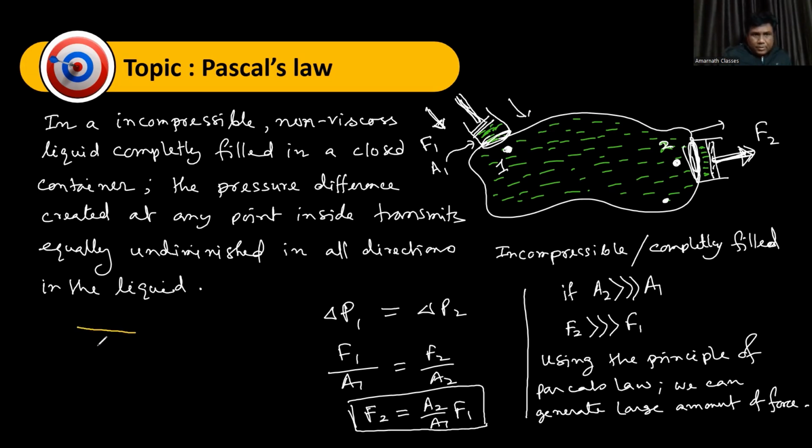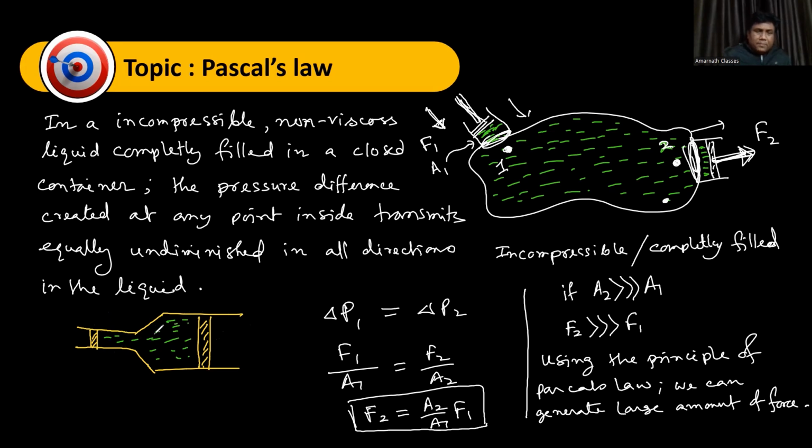Say I take two pistons, a small one and one with a large area. Say this one is the second piston and this is the first piston. Inside we have liquid, but remember it is incompressible.